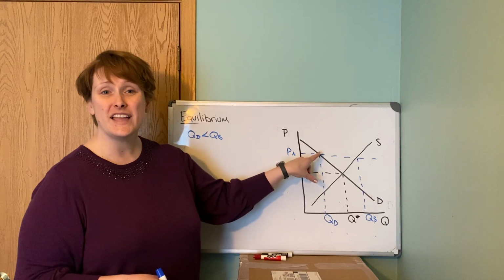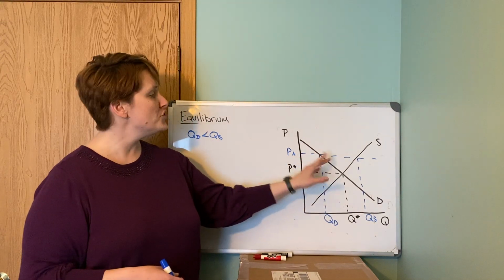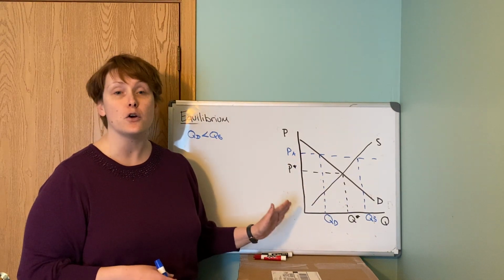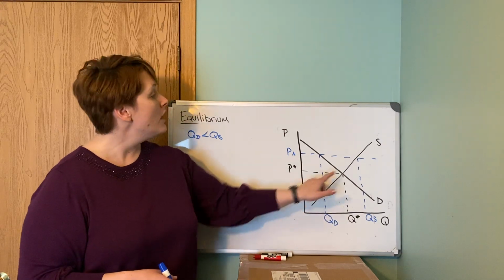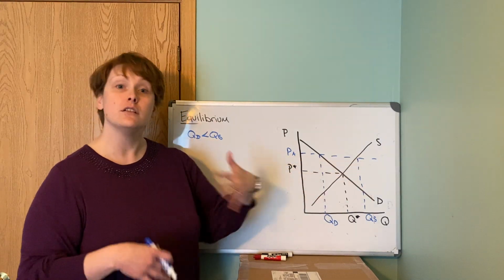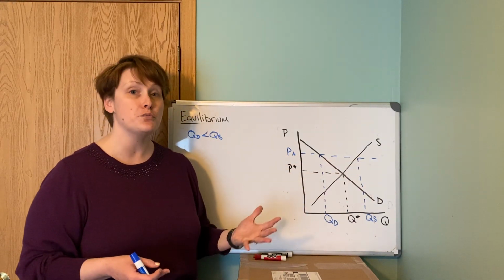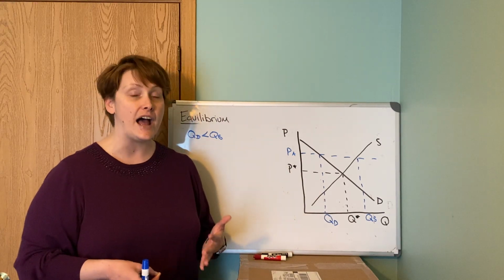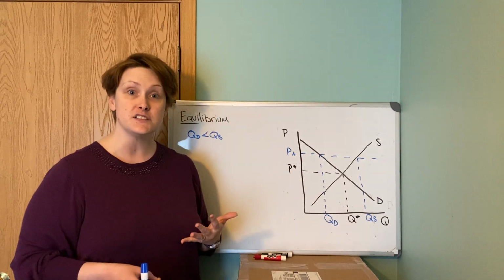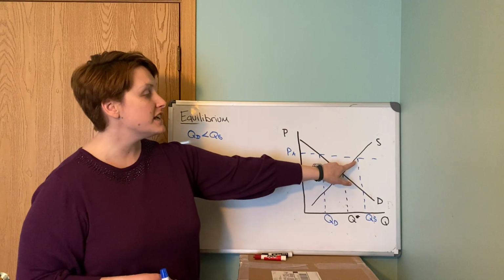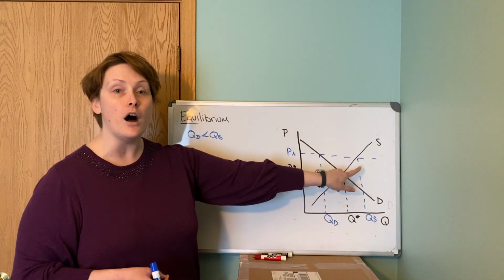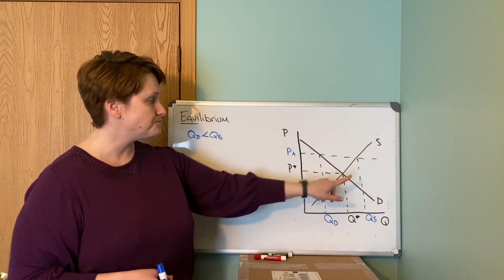The buyers don't like this higher price point, so they're going to restrict their quantity consumption. The sellers, on the other hand, do like this new price point. They want to sell at higher prices. It increases their profits, so they're willing to supply a greater number of units.